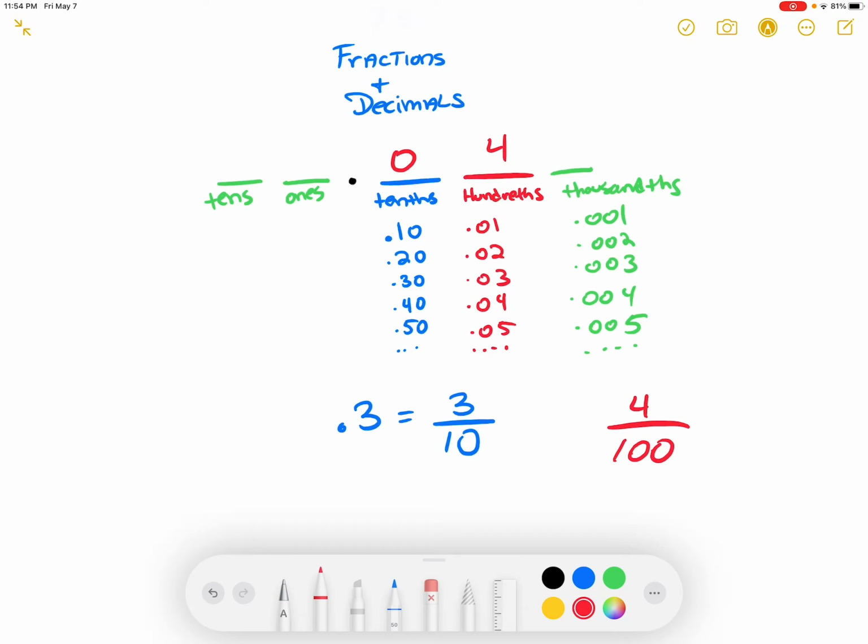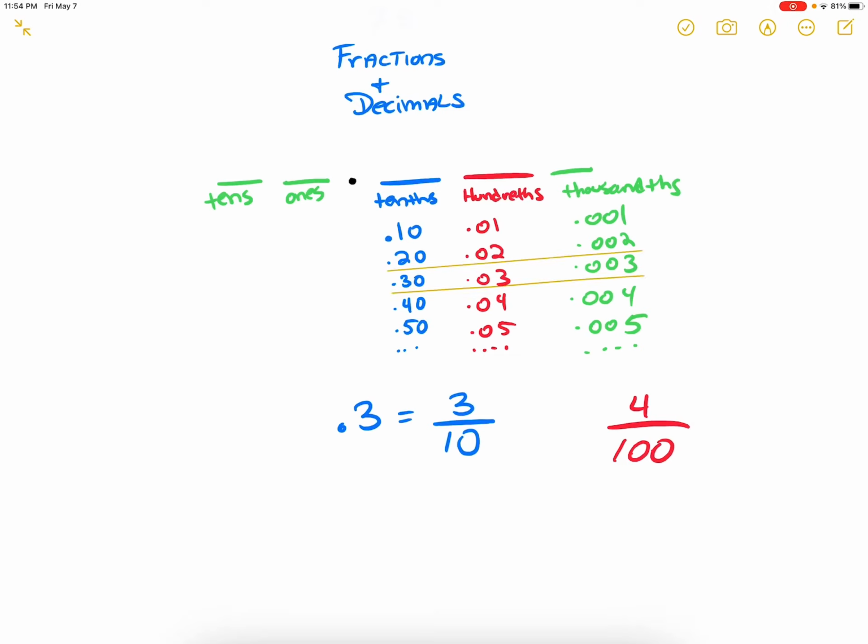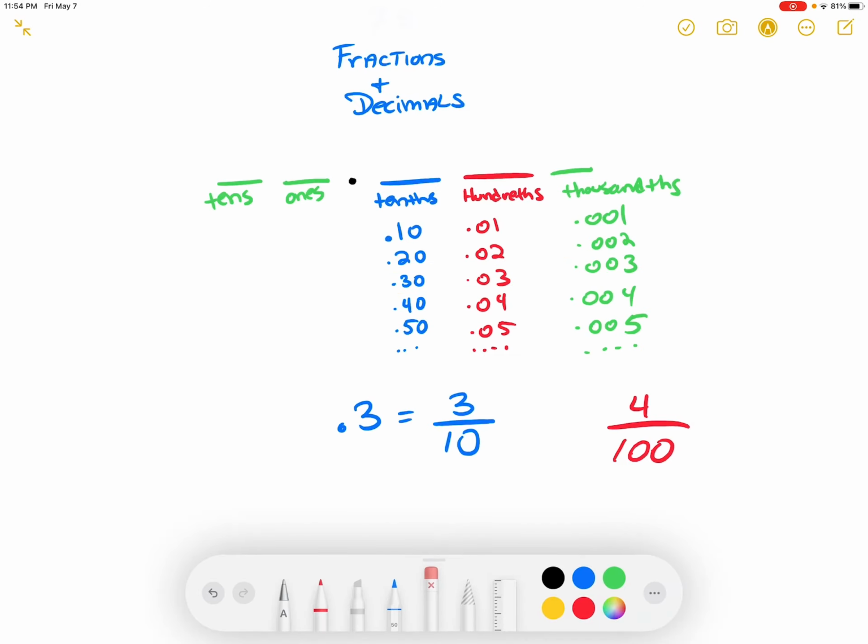It's 4 out of 100 pieces. And lastly, you can probably figure out what's going to happen. If you had something in the thousandth spot, like let's say a 7, it would literally be 7 out of 1,000. And that would be your fraction.